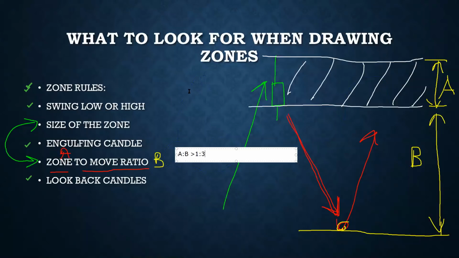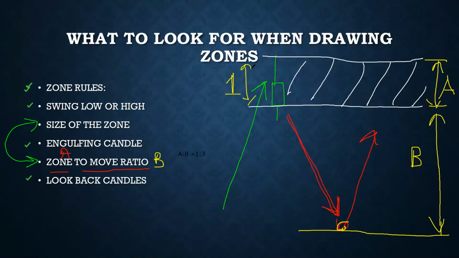That means, let's say this zone is 1. The size of this zone is 1 pip. So I'll only consider this zone as a decent zone if this move away is 3 pips. I'll start considering the zone if the price pushes away 3 times the size of the zone. So I don't know whether that makes sense.